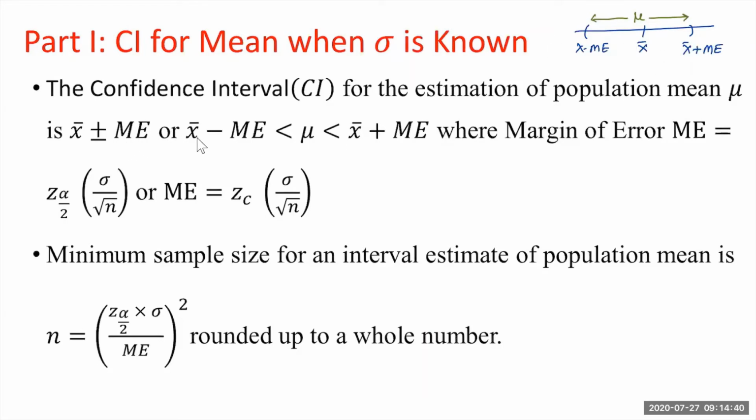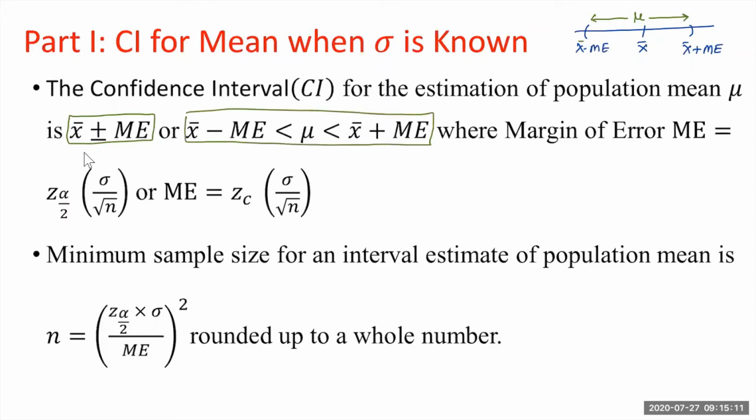Or we can also write it like this: the mean mu lies between the mean minus the margin of error, and it goes up to the mean plus the margin of error. This is the second way of writing the same interval. You can write the interval using plus or minus, or you can write the interval like this.